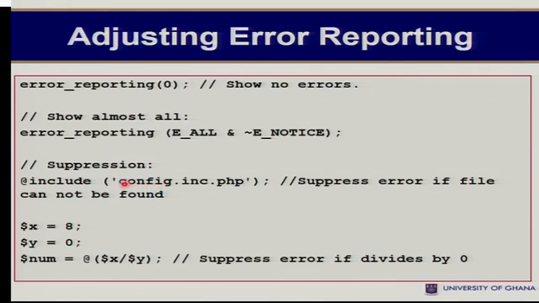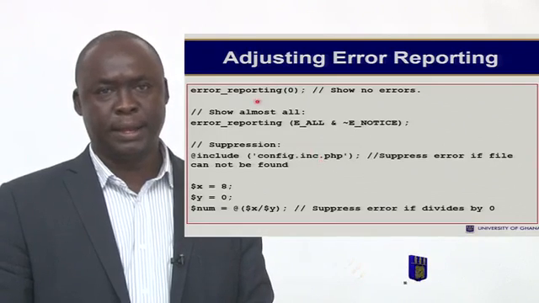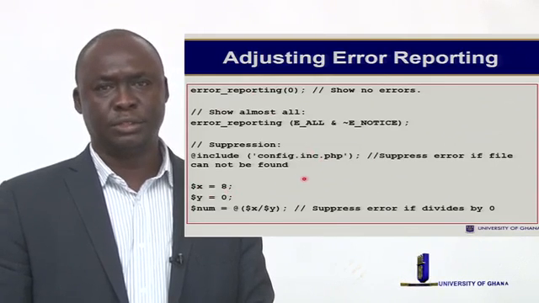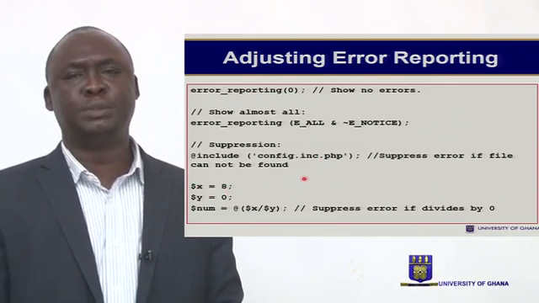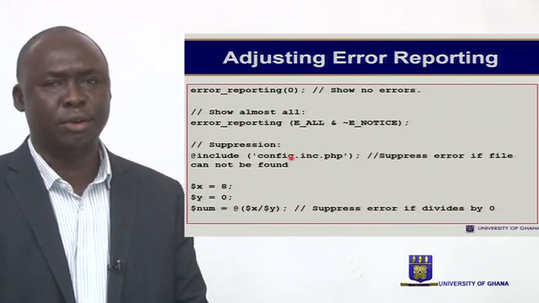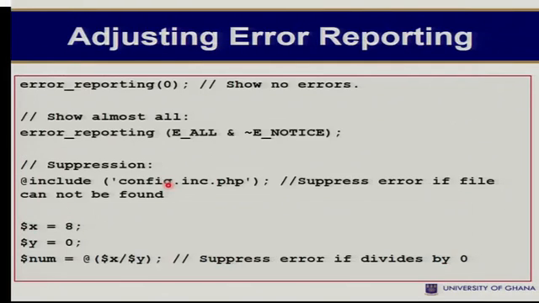Otherwise, if you don't do that, and we are including this file and it is not available to the current file or is not in the folder, then PHP will give an error and your page will crash. So you can deliberately suppress errors by using the @ sign. This means that even if it can't find this file, don't bring the error. Just continue executing the page.